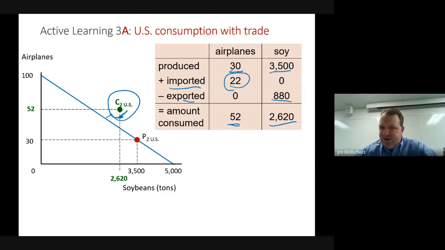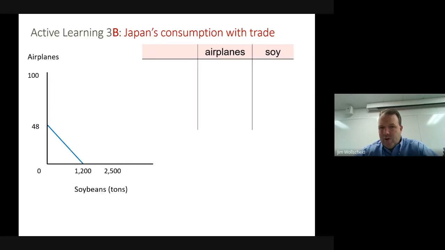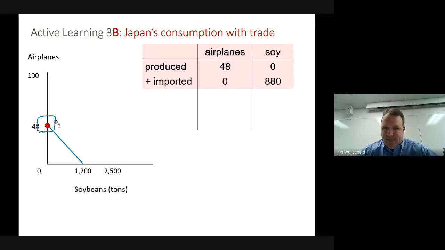Well, if the U.S. benefited from trade, does Japan? Well, let's look. So Japan, we're going to put them at the end point. Boom, they're going to start right there. They completely specialize in airplanes. They're going to bring in 880 soy. They're going to send away 22 airplanes.